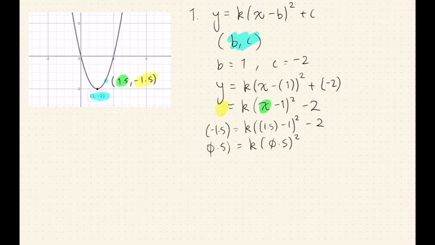So in this situation, that is 0.25. Half times a half, 0.25. So then over here, 0.5, I divide both sides by 0.25, and I get 2 equals k.